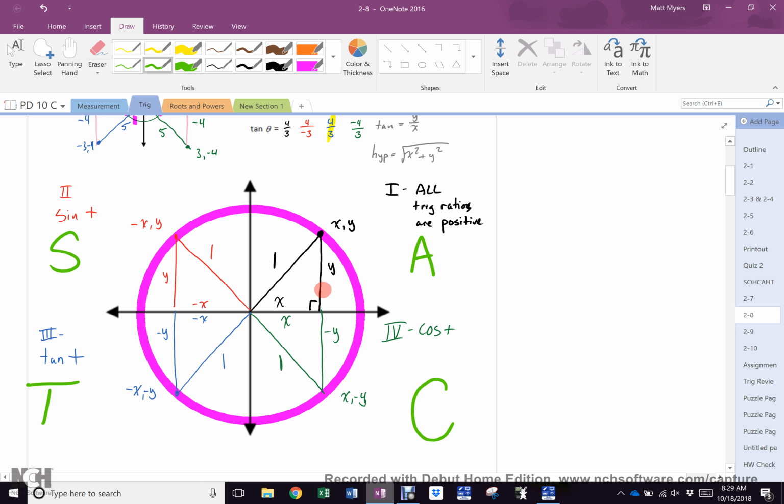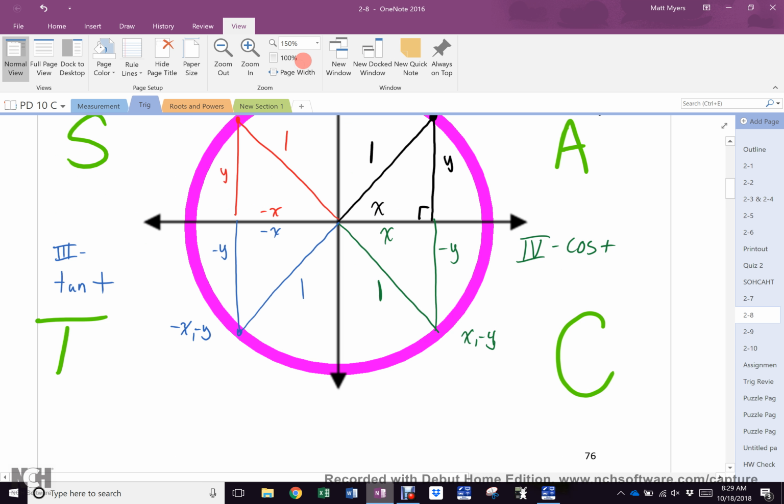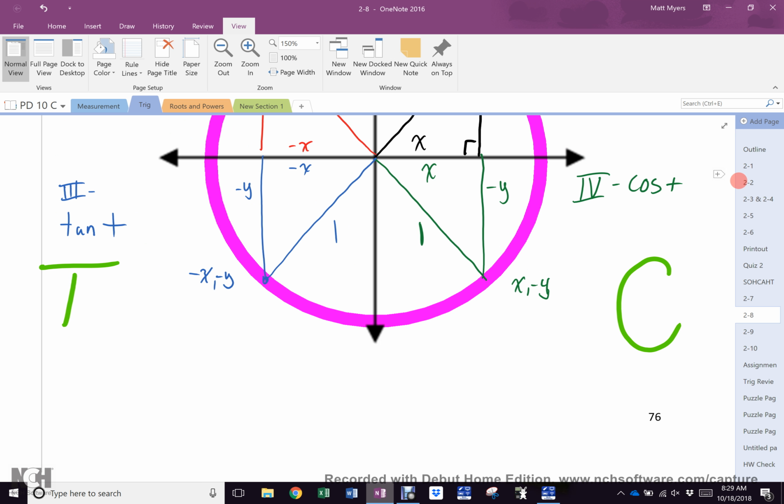Everyone's cool? I don't believe you. But that's okay, because as always, we're going to practice it. And everybody will be cool until I say, now do it yourself. And then it will be, oh, but that's okay. That's what we're here for.